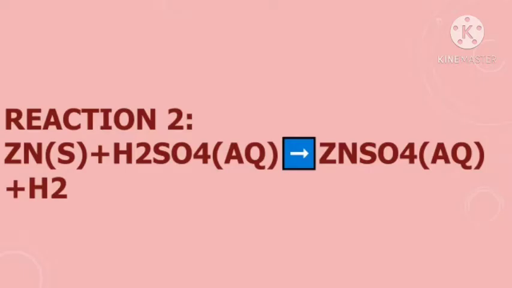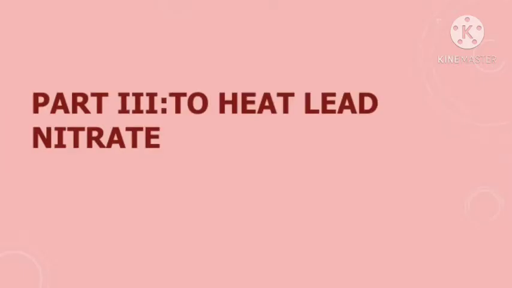So here we conclude that a reaction is called a displacement reaction when an atom or group of atoms in one substance takes the place of an atom or group of atoms in another substance to form a new substance. In this practical, let's move to the third part, to heat lead nitrate.